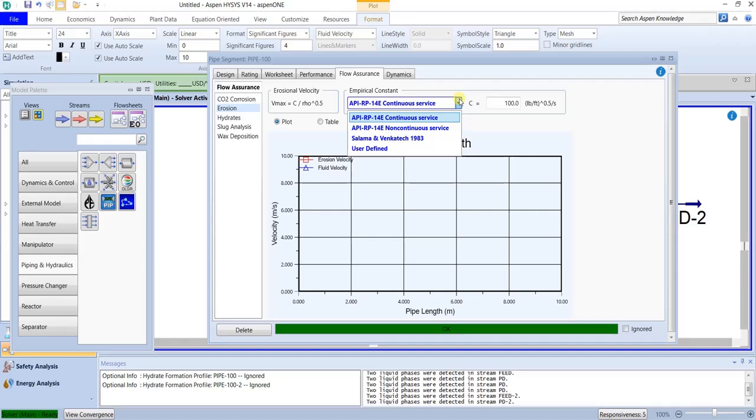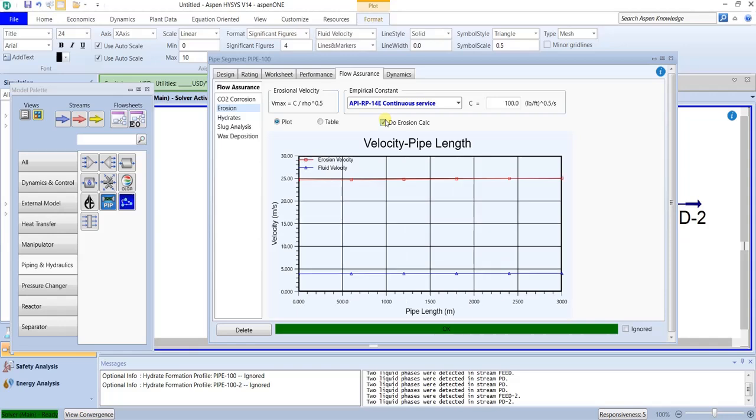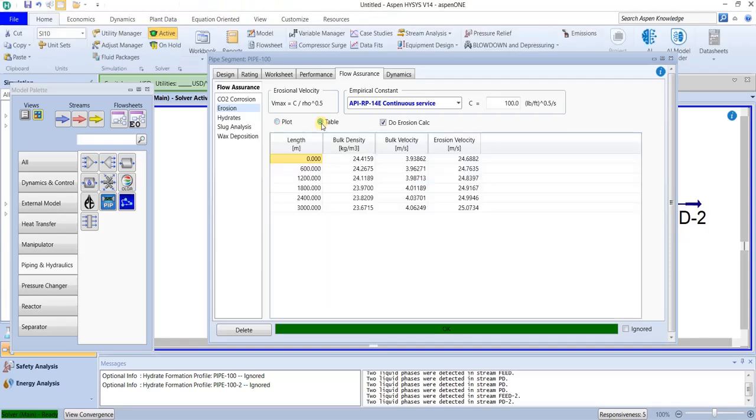So you can specify whichever suits your model, right? So when you are satisfied with selecting your correlation, you click on do erosion calculation, right? So when you click on it, you have your plot and then you have your table, right? From your table and your plot, you can make inferences.